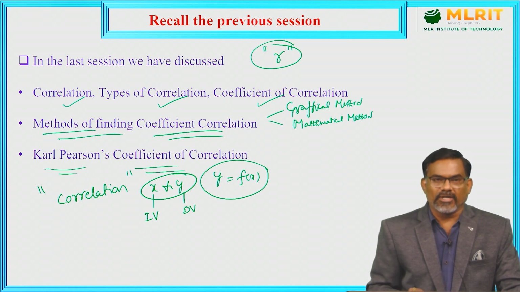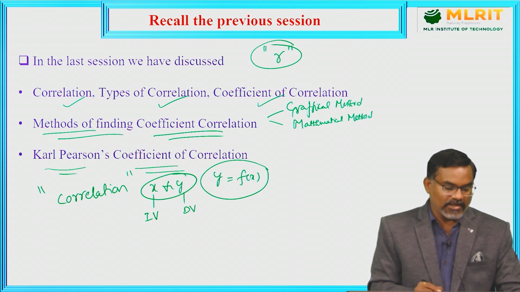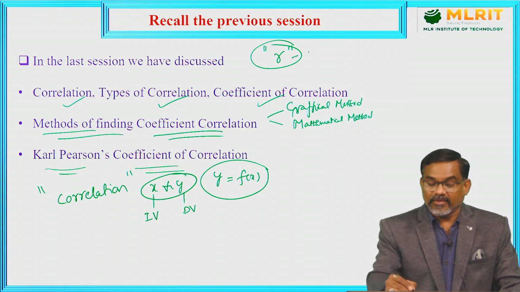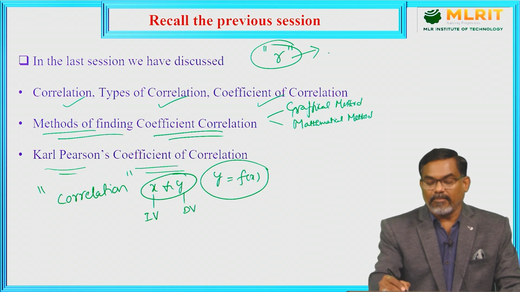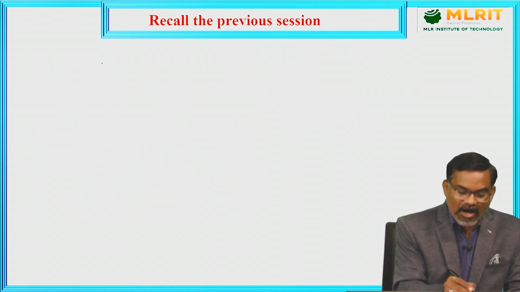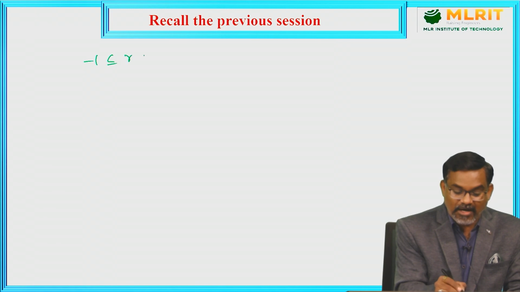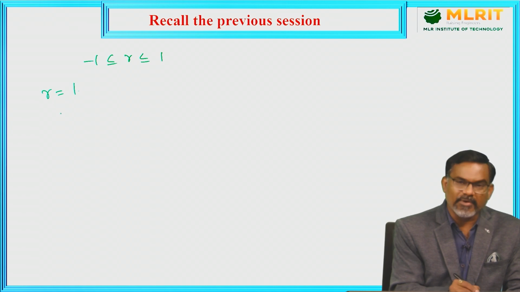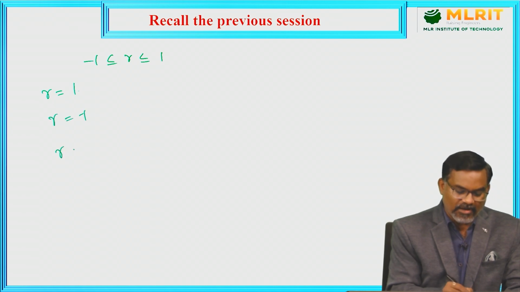We can conclude that the two variables are strongly related or weakly related or no relation, etc. And this r lies between -1 and +1. So it can be 1, -1 or 0.